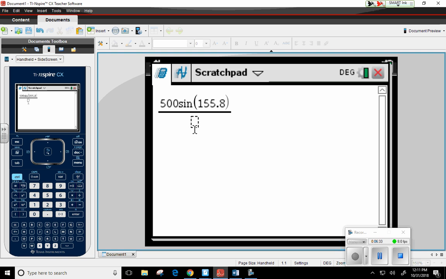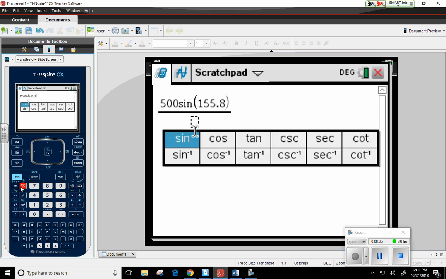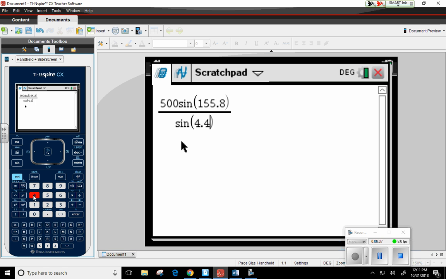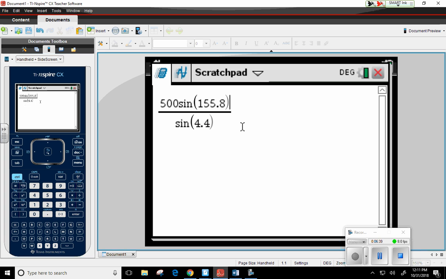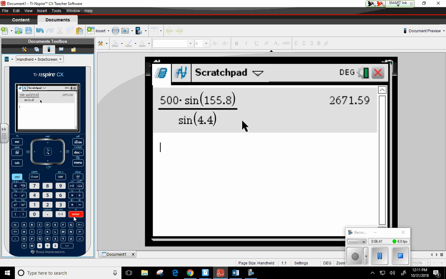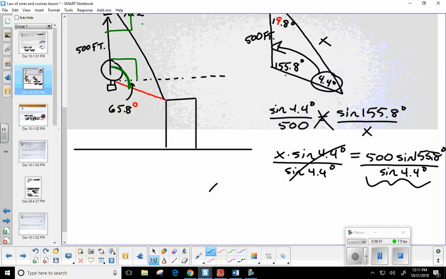And we were dividing that by sine of 4.4. All right. So if we're going to round this to the nearest foot, he's about 2,672 feet away from the building. 2672.